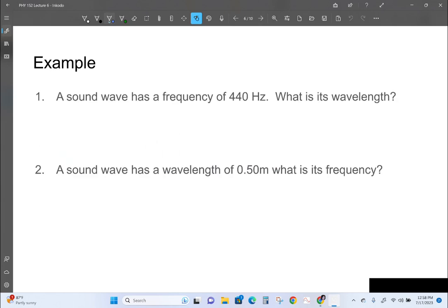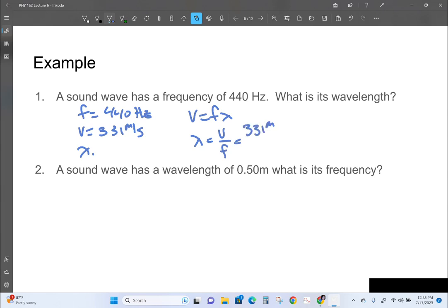So, for example, if you know that a sound wave has a frequency of 440 hertz, and we use the speed of it as 331, we can find the wavelength using our speed formula. The wavelength would be this velocity divided by the frequency, divided by 440 hertz, which is 1 over a second.